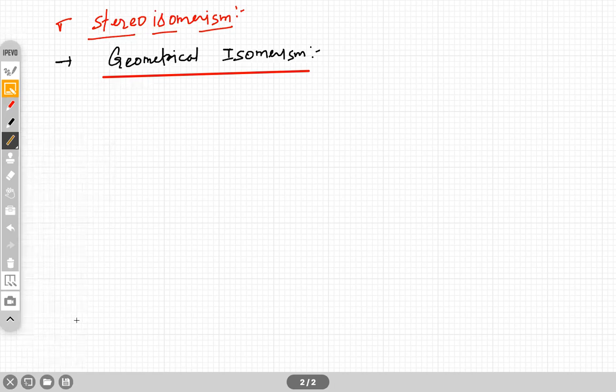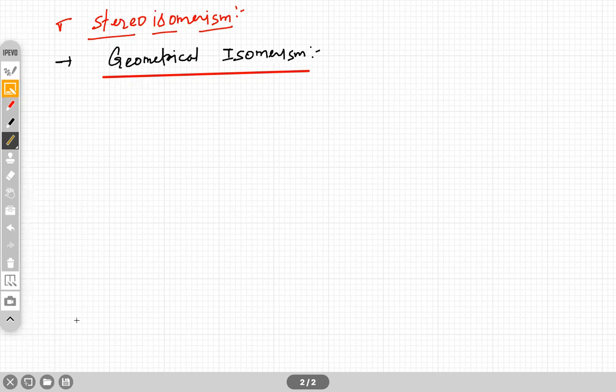Geometrical and optical. Okay. Now, to understand the geometrical and optical isomerism, you should first understand the geometry also. What is the geometry of the molecule and how to represent the geometry, right?